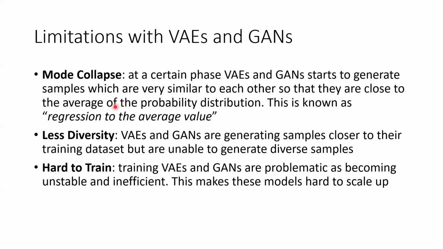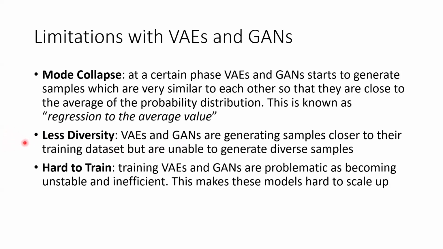In other words, the generated images will be very similar, so it would be very boring and less diverse. Less diversity is another problem, where you can't generate data that is much more diverse than the original dataset. In some cases with variational autoencoders and GANs, you can generate some diversity, but not that much diverse data.